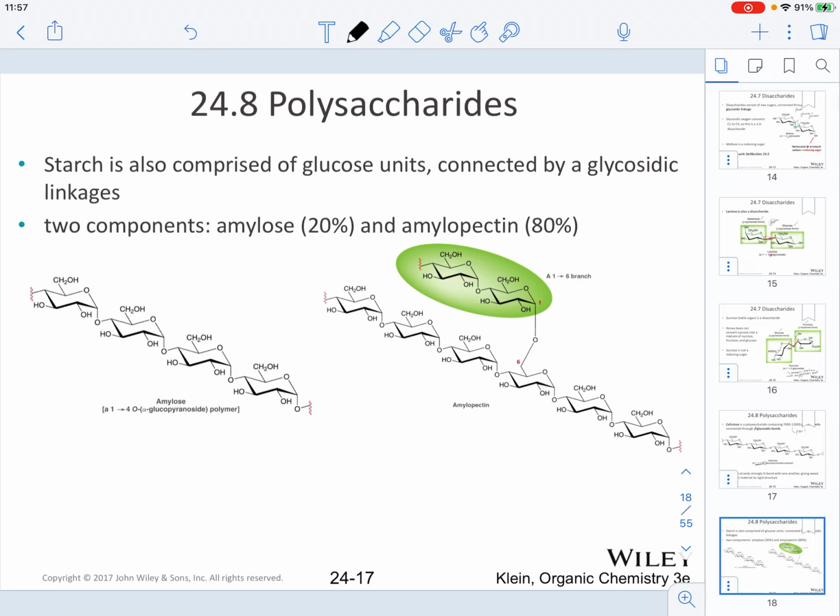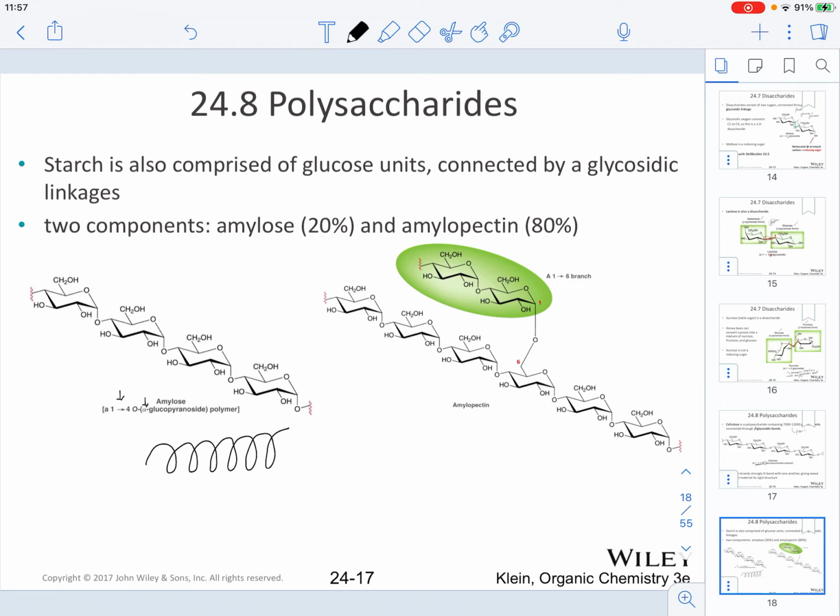Amylose is a polysaccharide that forms like a helix structure. So when we actually observe amylose, we think about it as a helix structure. Okay? The glucose molecules are connected alpha 1,4.